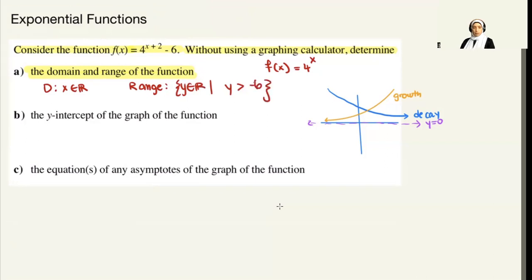All right, so let's have a look at the transformations. Sorry, the y-intercept. So the y-intercept of the function, remember, you just set x equal to 0.